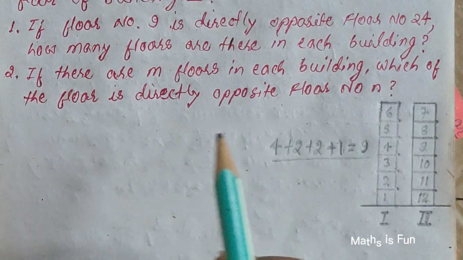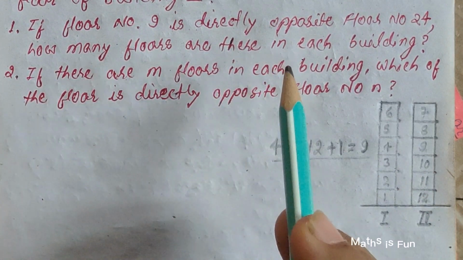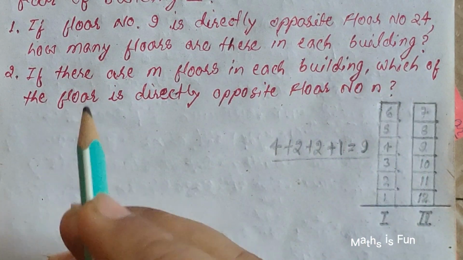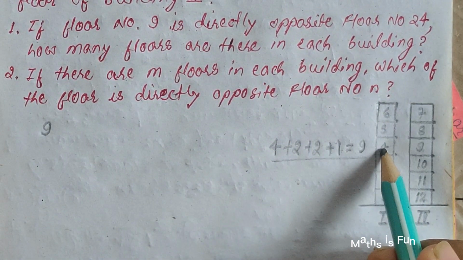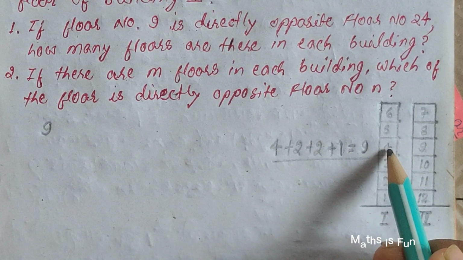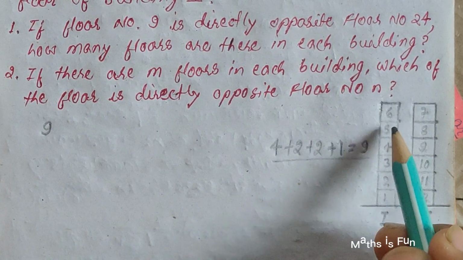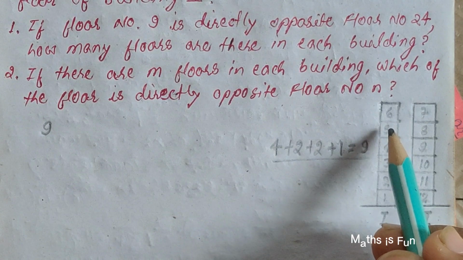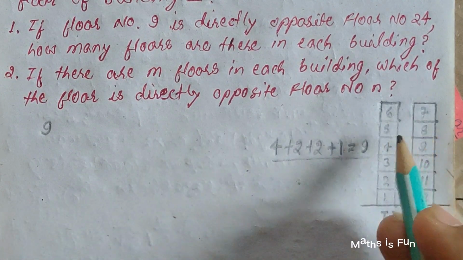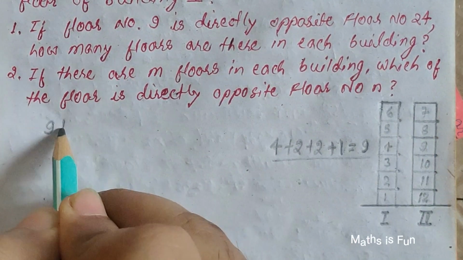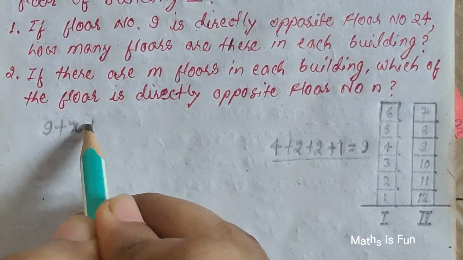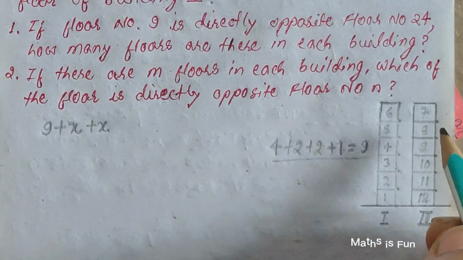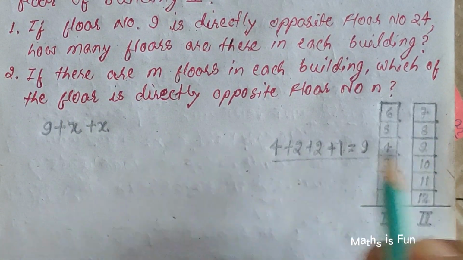Here it is given that floor number 9 is directly opposite to floor number 24. So first we will take 9. Then how many floors are just above floor number 9? We do not know, so we can take x. So we can take plus x, and then we can take the same number of floors again in building number 2, and then plus 1.